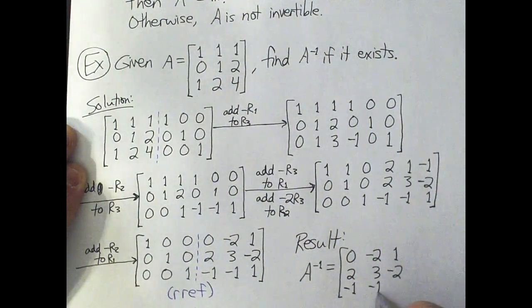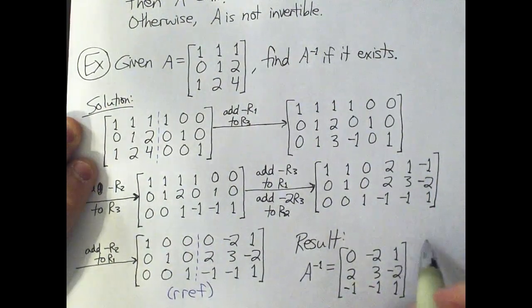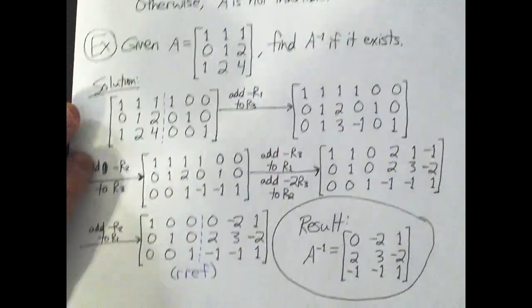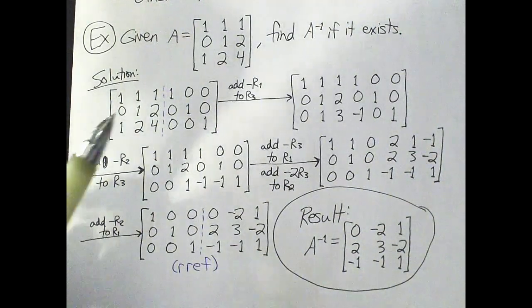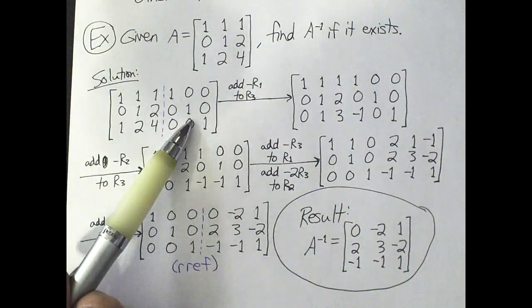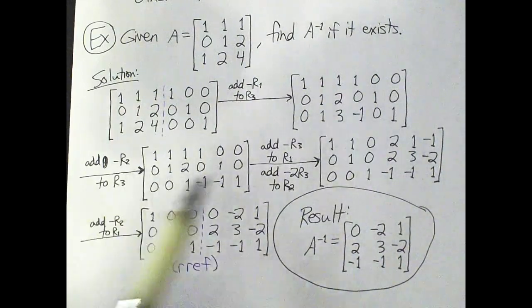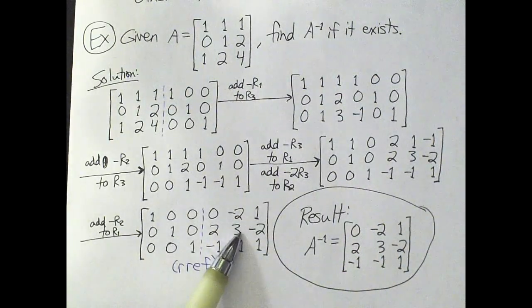Pretty cool. Pretty interesting, I think. I think it's interesting that this gets you the identity. I mean, gets you the inverse. And I also think it's interesting how we started with a rectangular matrix that has A next to I, and then you go through all the steps and you wind up with I next to A inverse.